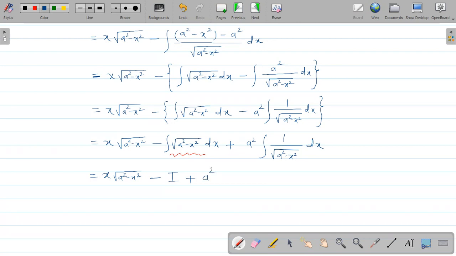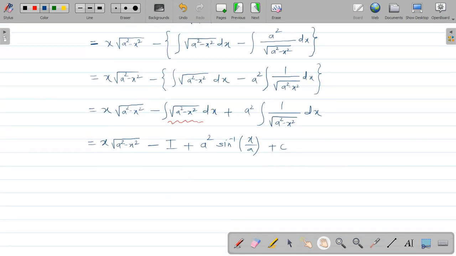Now what is the integration of 1 upon root of a square minus x square? By using the rule we get it is sine inverse of x upon a plus constant. Okay, this is the rule. We know the rule for integration of 1 upon root of a square minus x square dx, that is sine inverse of x upon a.